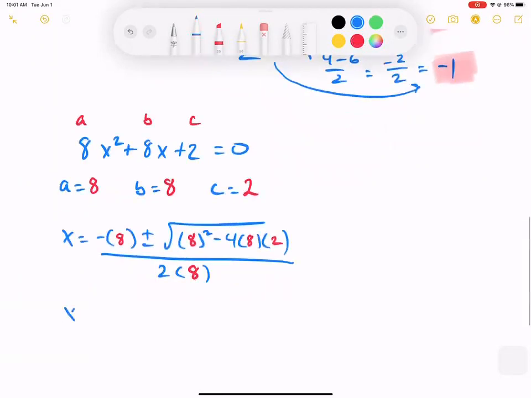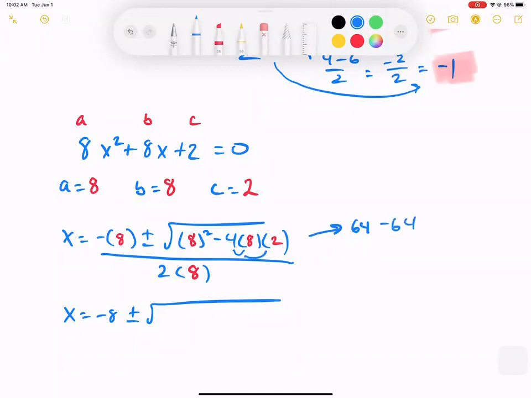Instead of doing it here, I'm going to do it on the side to save ourselves some time. Let's do this over here. 8 squared is 64. 4 times 8 is 32. 32 times 2 is 64.